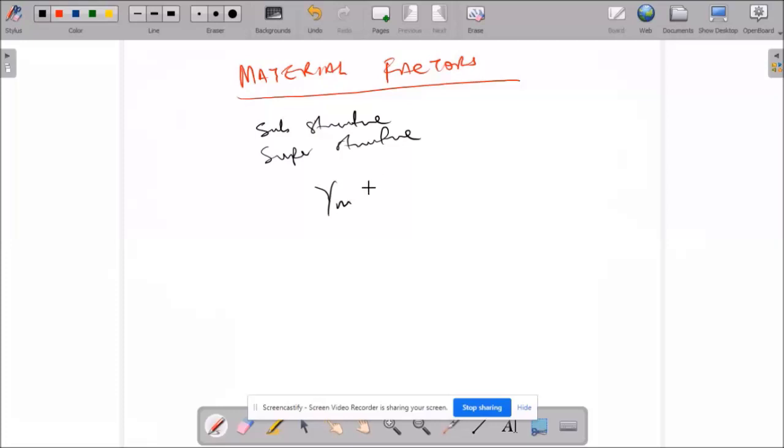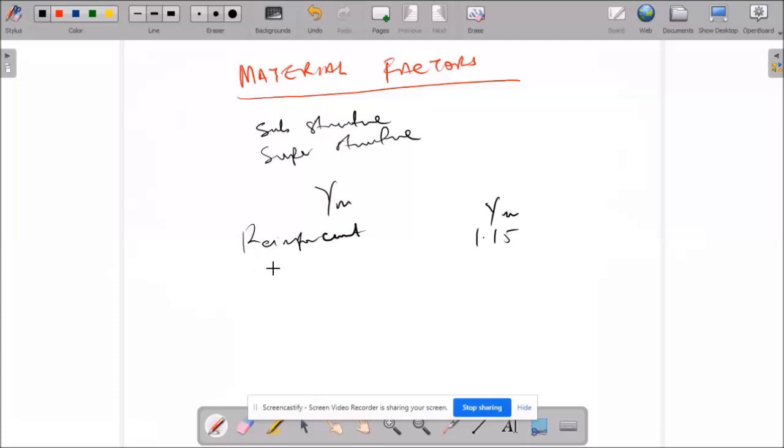Because of these factors, we need to look at the material factor of different types of materials, such as the reinforcement bar. The material factor for reinforcement is given by 1.15.